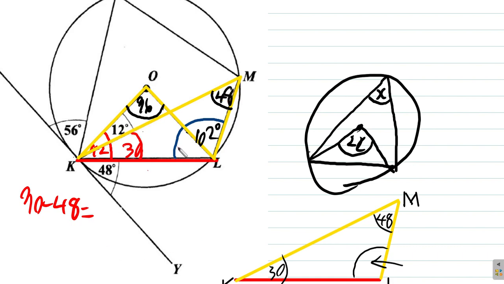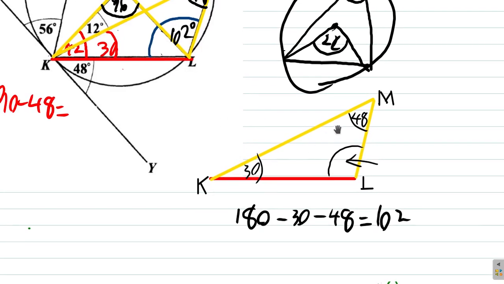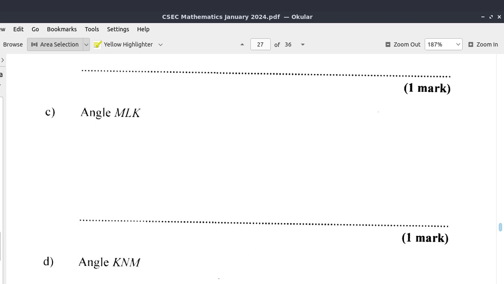So we have a 30 and a 48 in our triangle, and all three angles add up to 180. So 180 minus 30 minus 48, and that gives us 102 degrees. So it's 102 degrees. All right.